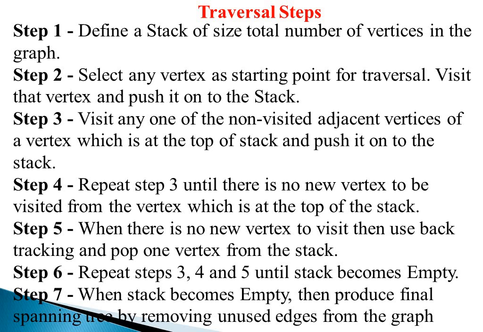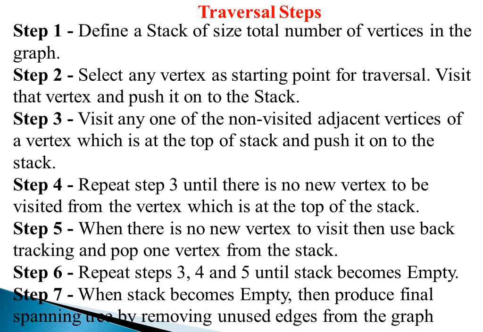Step number three, visit any one of the non-visited adjacent vertices. We select the adjacent vertices one by one. So visit any one of the non-visited adjacent vertices of the vertex at the top of the stack and push it onto the stack.